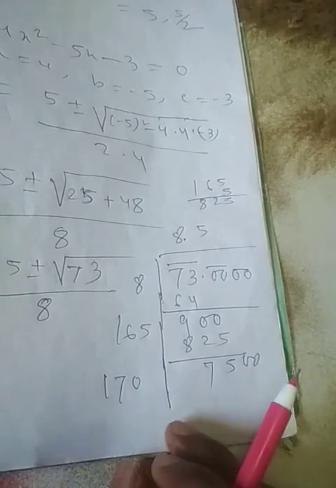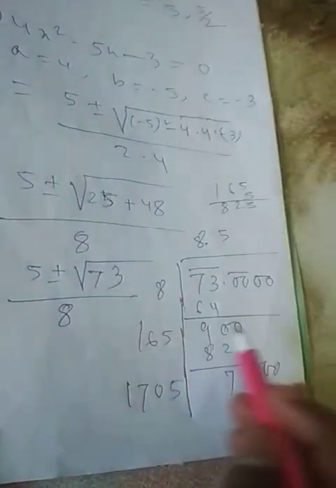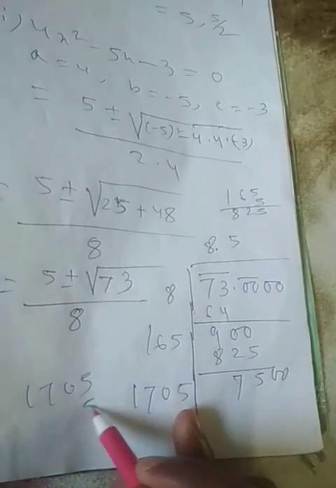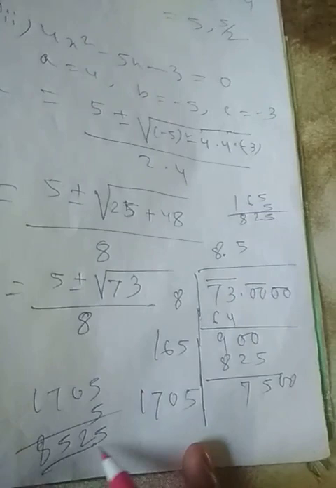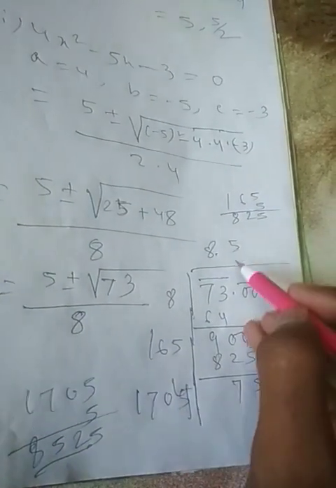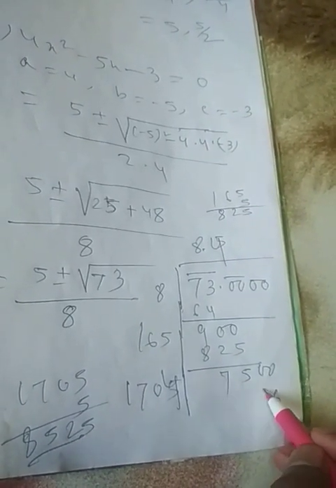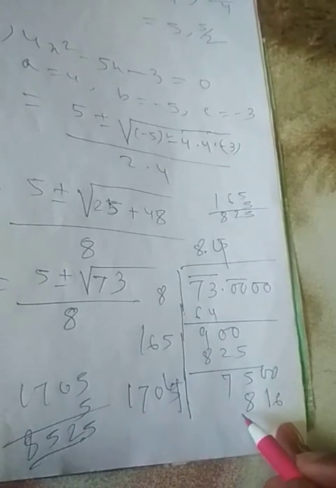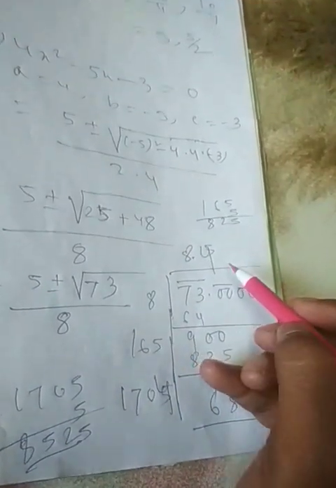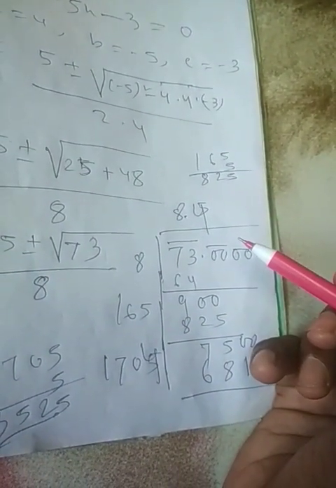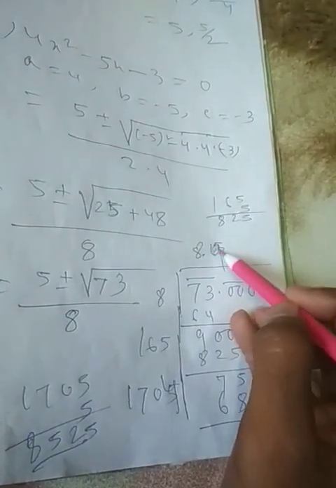If I again give 5, I think that will be greater than that. So I can't give 5 there, there will be 4. You don't have to subtract because you have already got the answer up to 2 decimals. 8.54.